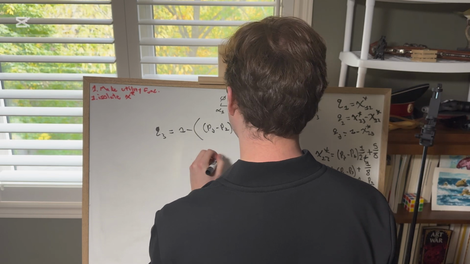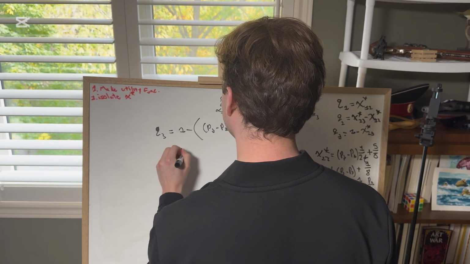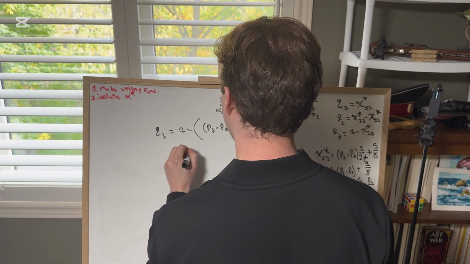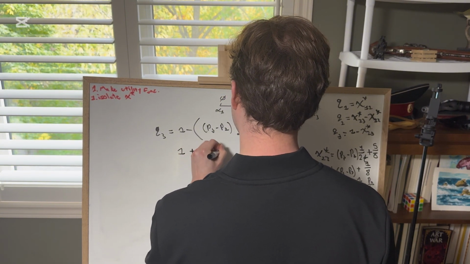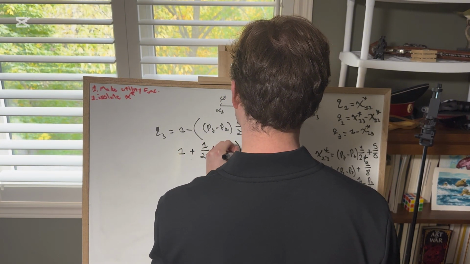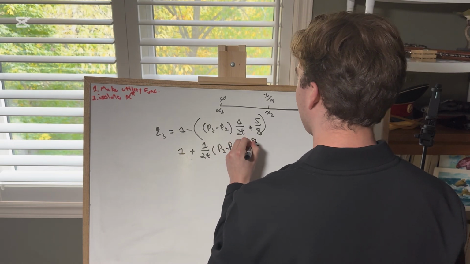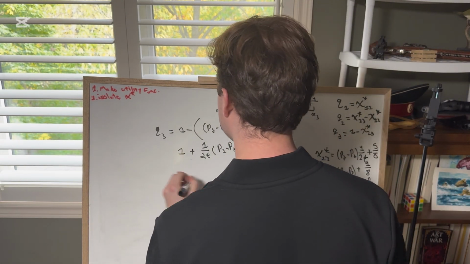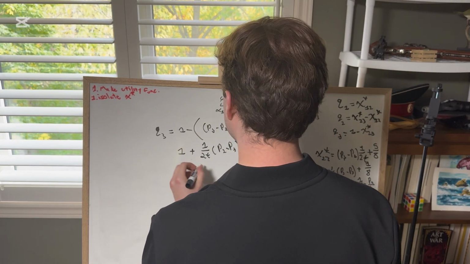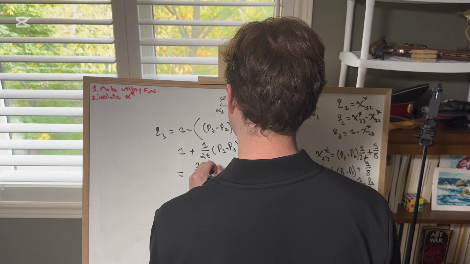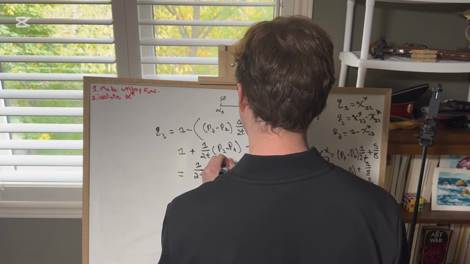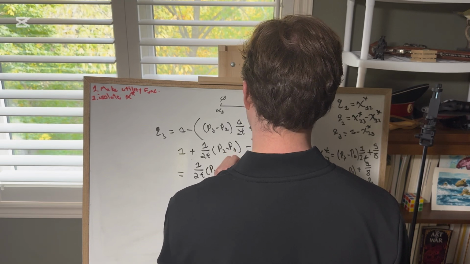Moving in our less, so that's 1 plus 1 over 2t, p2 less p3, less 5 over 8, which is equal to 1 over 2t, p2 less p3, plus 3 over 8.